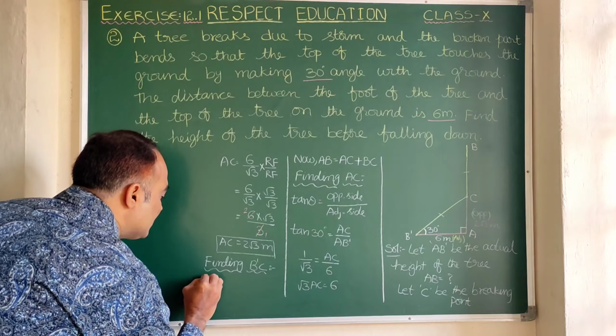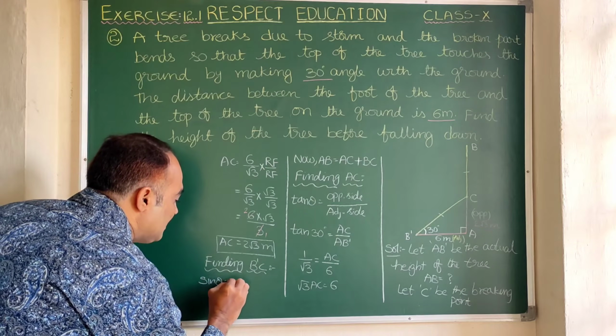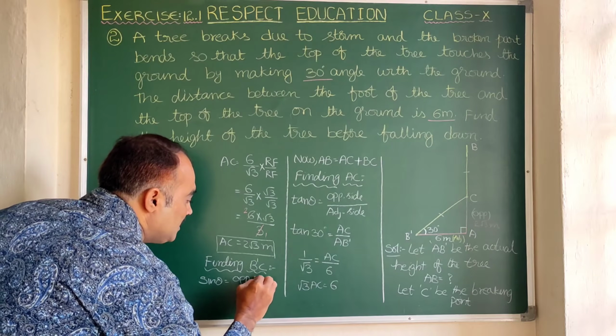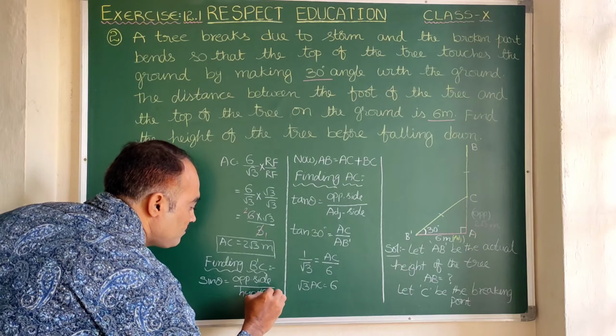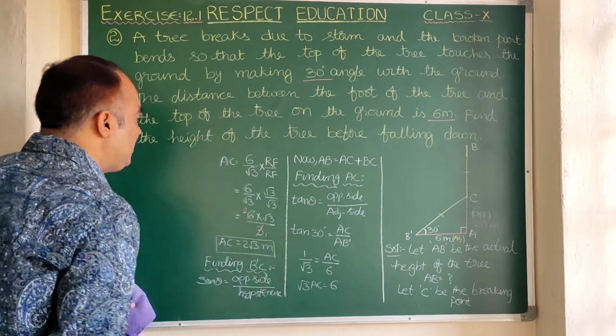As you know, sin theta is equal to opposite side to theta by hypotenuse. Let us substitute the values.